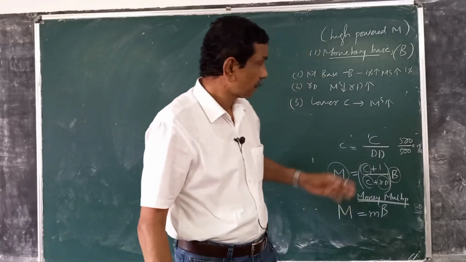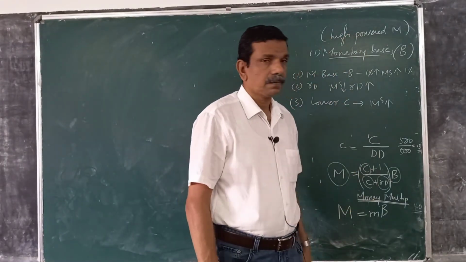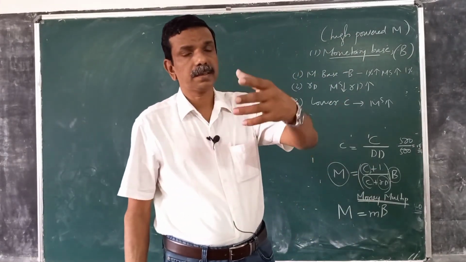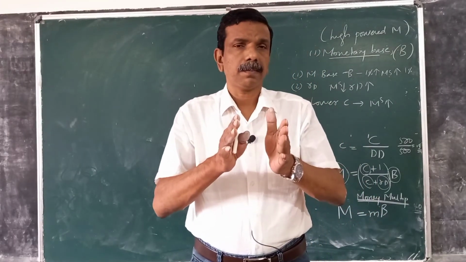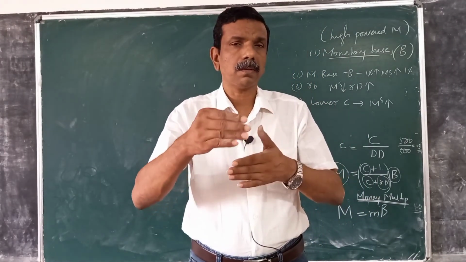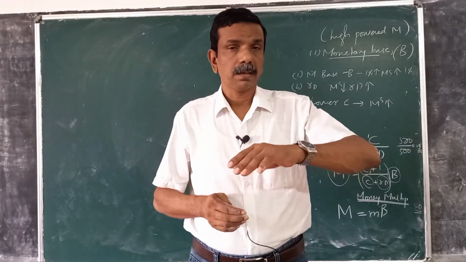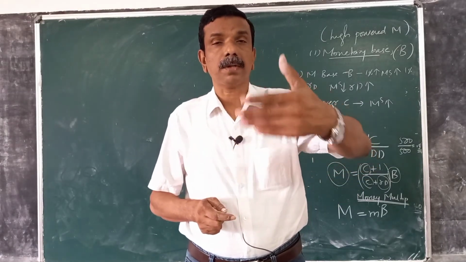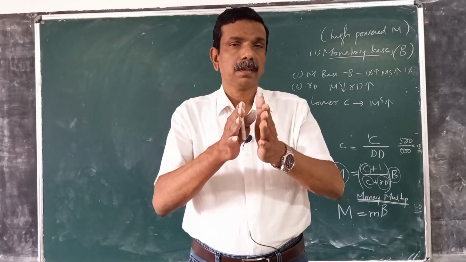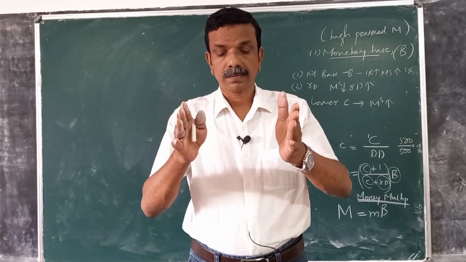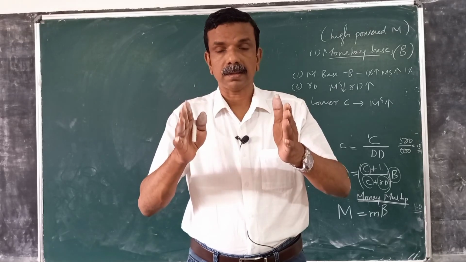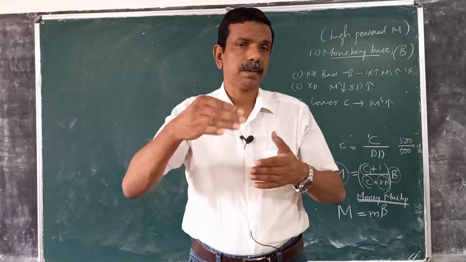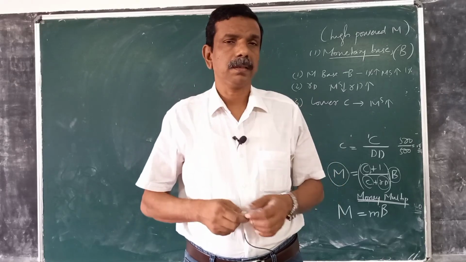So this is the simple model of money supply, and in the next class we will make this money multiplier more complicated by introducing more components in the demand deposits, in the reserves and the like. That we will see in the succeeding classes.